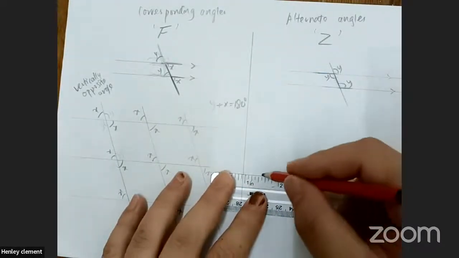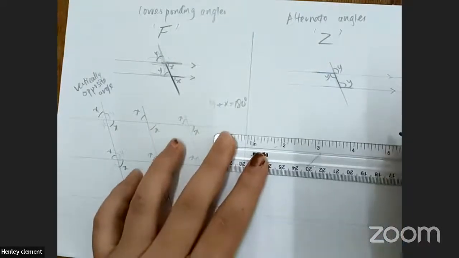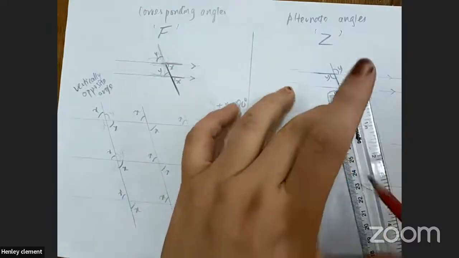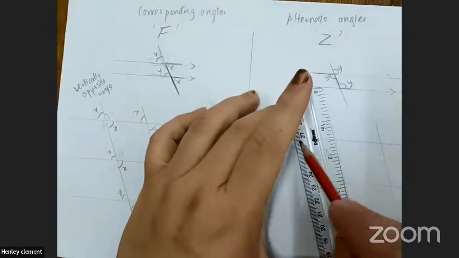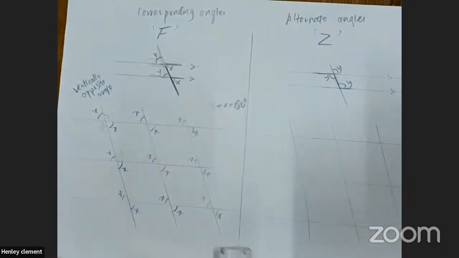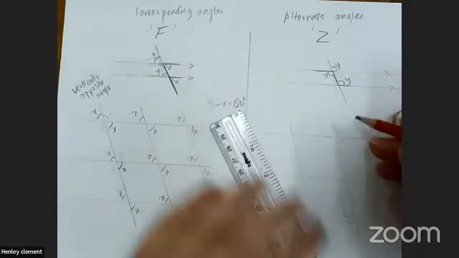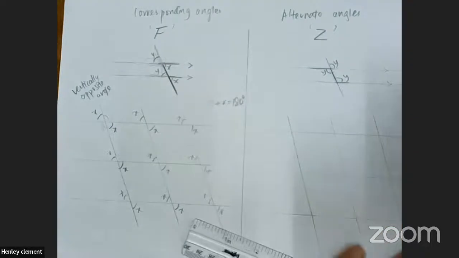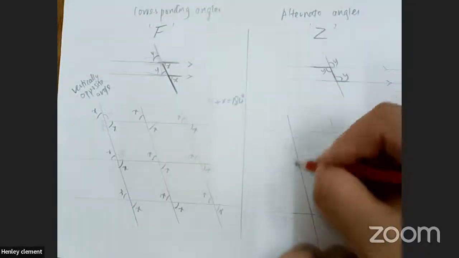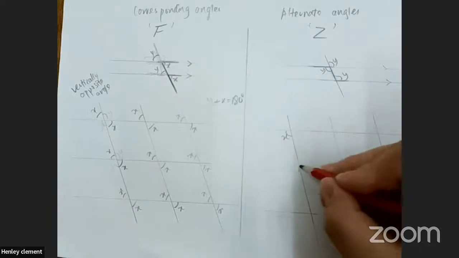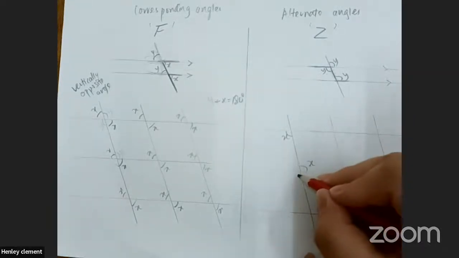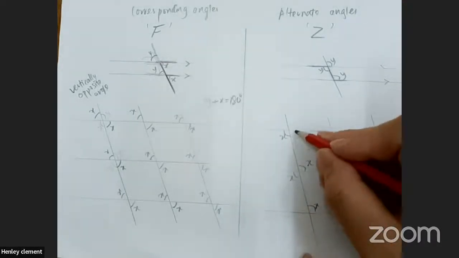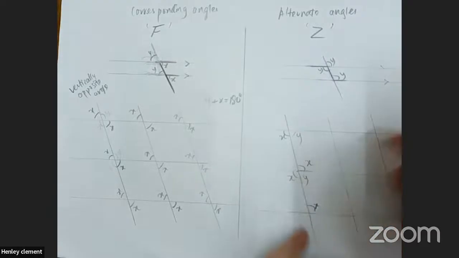Now I draw this again. Then you may see the same thing. Okay. So if I draw the Z here, this is X, and then this is the X. Opposite, so you have an X, and then this is again the X. And if this is a Y, this is F, this is Y. Can you see?